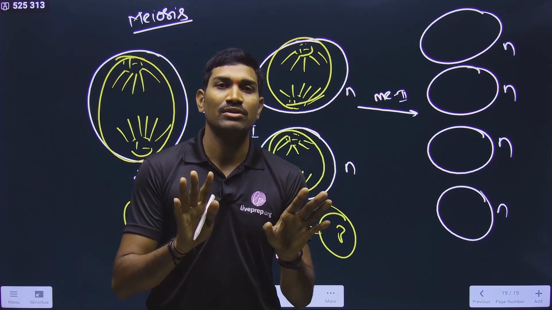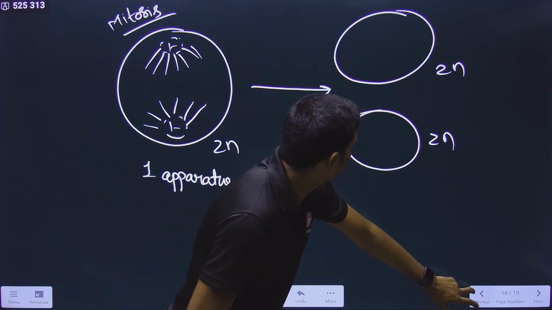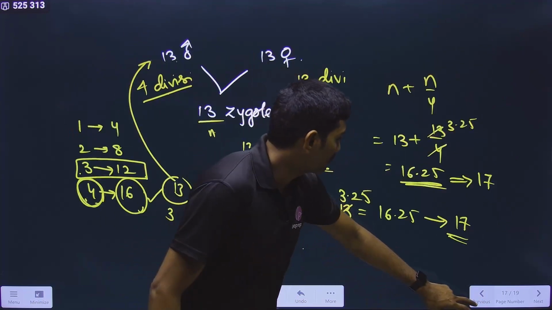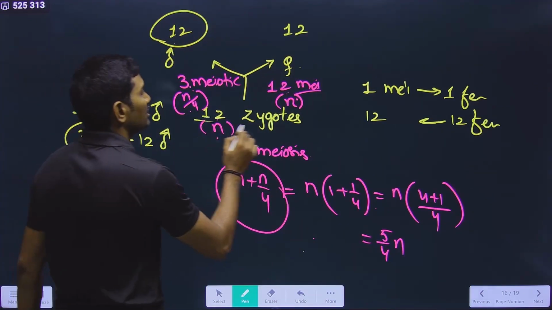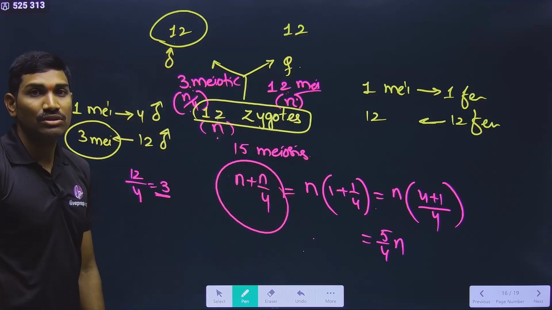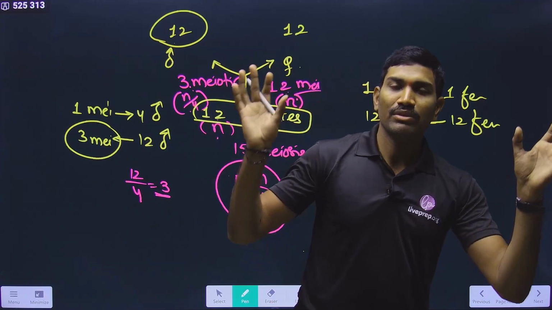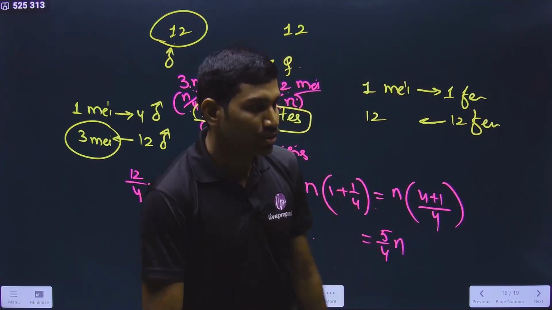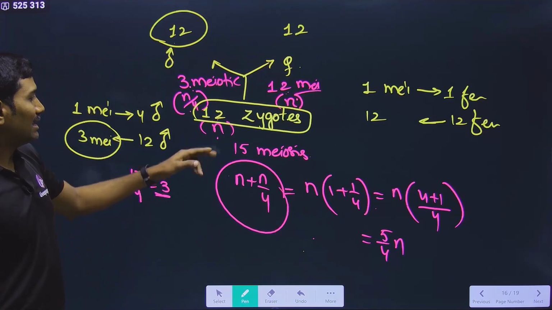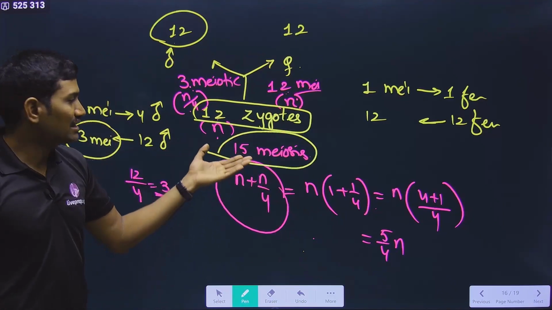This is the question. Now that question can be asked here. In this case, for the 12 zygotes, during the gametogenesis process, in the formation of these 12 zygotes, in total how many meiotic apparatuses are produced? Tell me, how will we calculate? We have already calculated the number of meiosis. 15 meiosis is the answer you got.